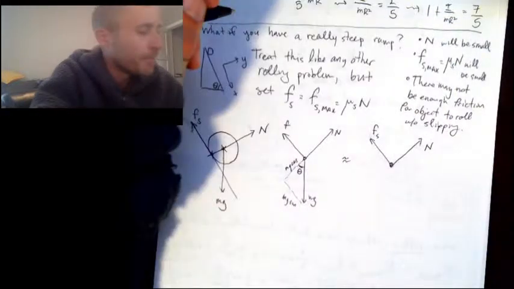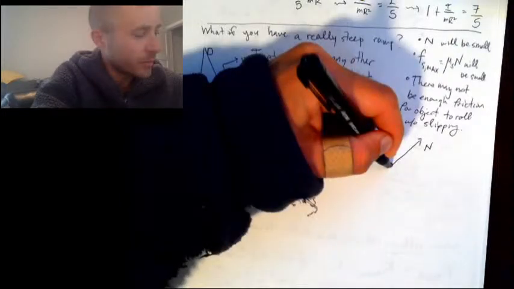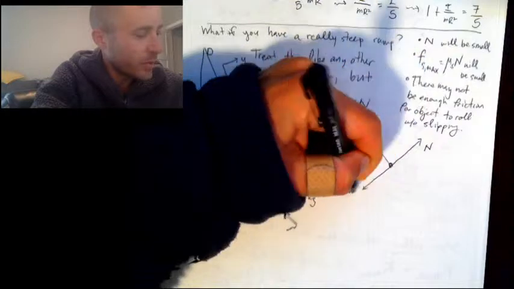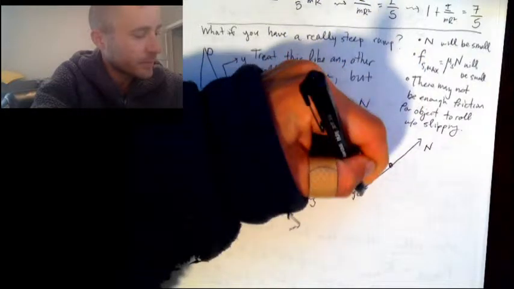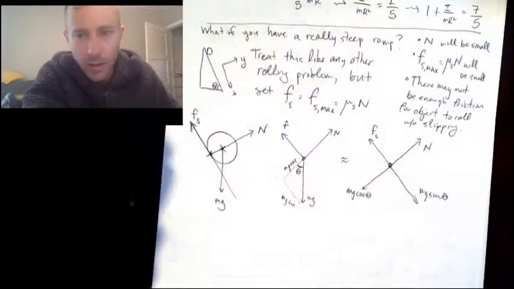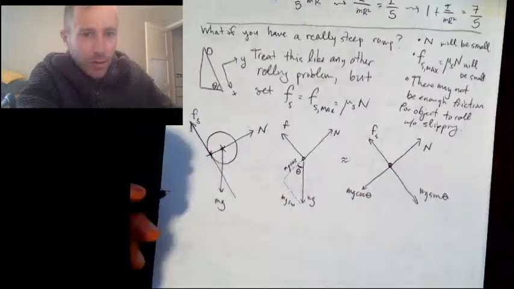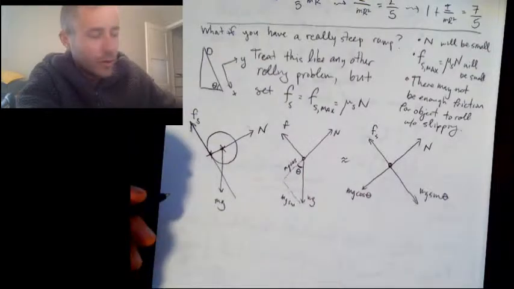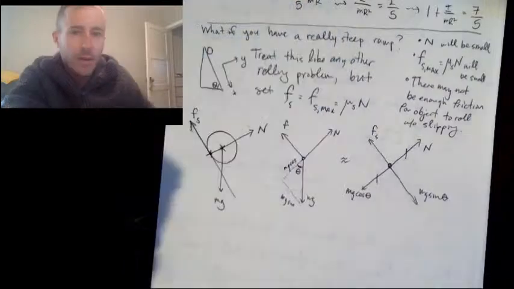And then the weight force becomes mg cosine theta and mg sine theta. Okay. Now, the normal force has to balance out with the mg cosine theta. Why?